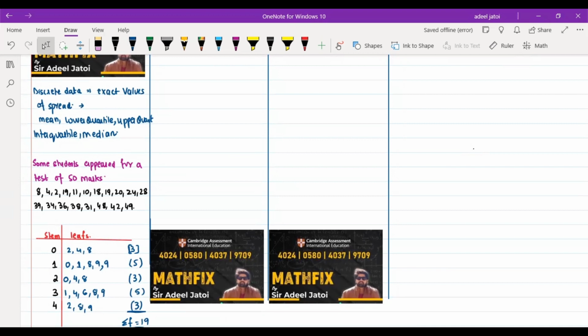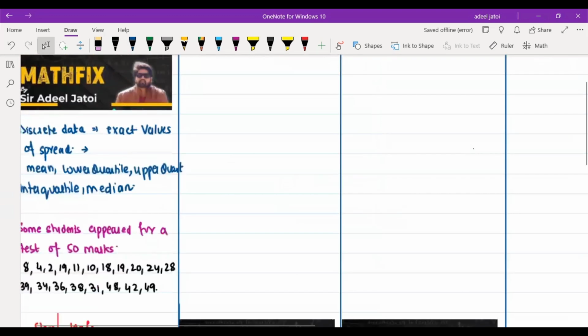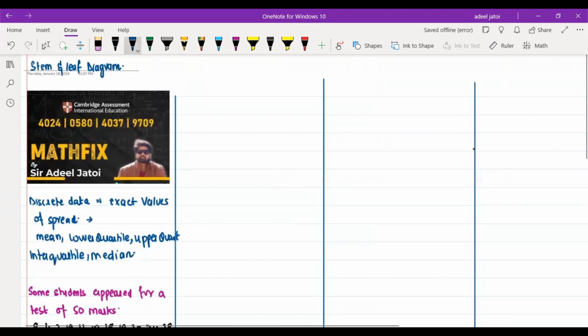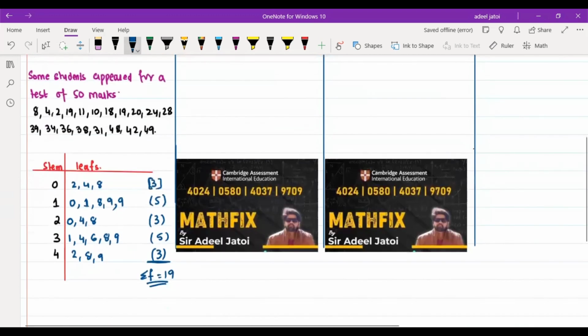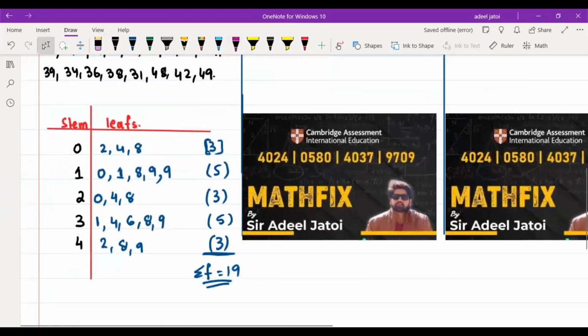But before that, there are certain things that stem and leaf requires us to calculate, number one being the median. Now, when we are making the stem and leaf diagram, there is one very important thing.